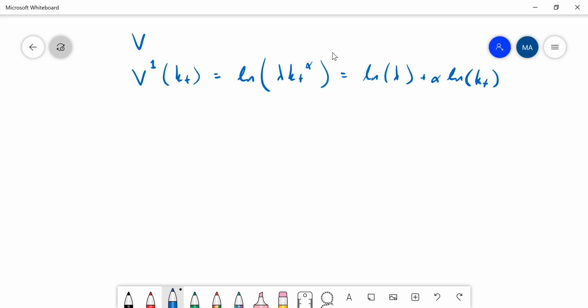Now, compare V0 kt equals 0 with V1. What do you see? Even in this first iteration, it is closer to the true value function, right? Even in just one iteration, because this is a very simple model.